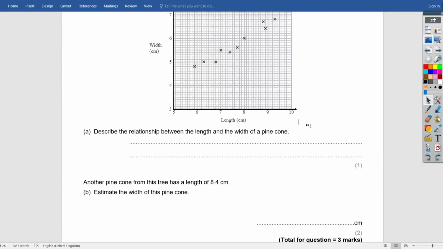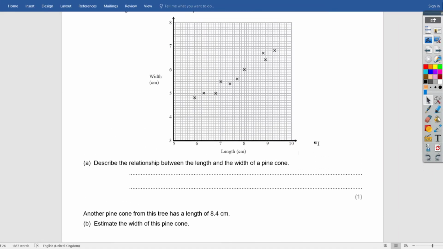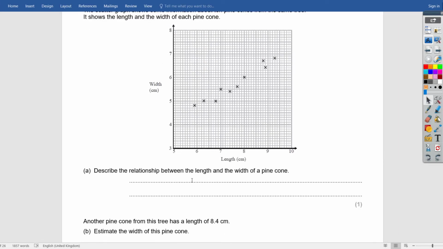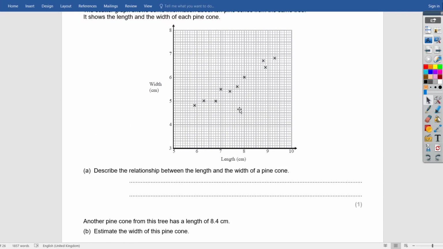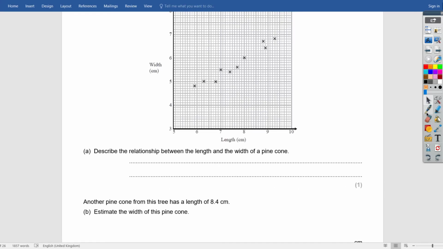Okay, so 2 questions here, fairly straightforward. Now it says, describe the relationship between the length and the width of the cone. As you can see here, length and width, as one increases, the other one increases. If we were to draw a line of best fit and put it through here, you can see clearly that this will show a positive correlation. You'll describe it as having a positive correlation.